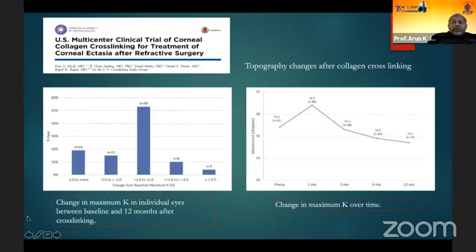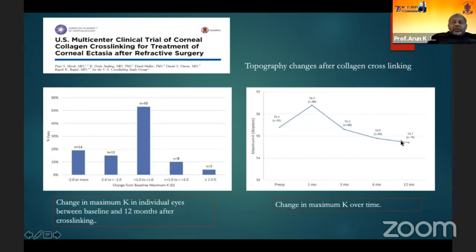This is just in graphic form. They have shown that almost 40 patients had a decrease in K reading of almost 1 diopter, and gradually the average decrease in K was 2.6 diopters in combined cases.